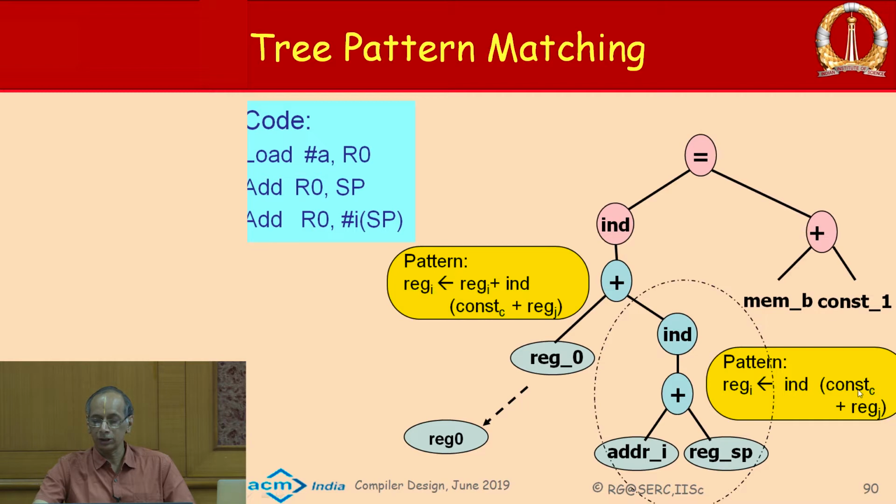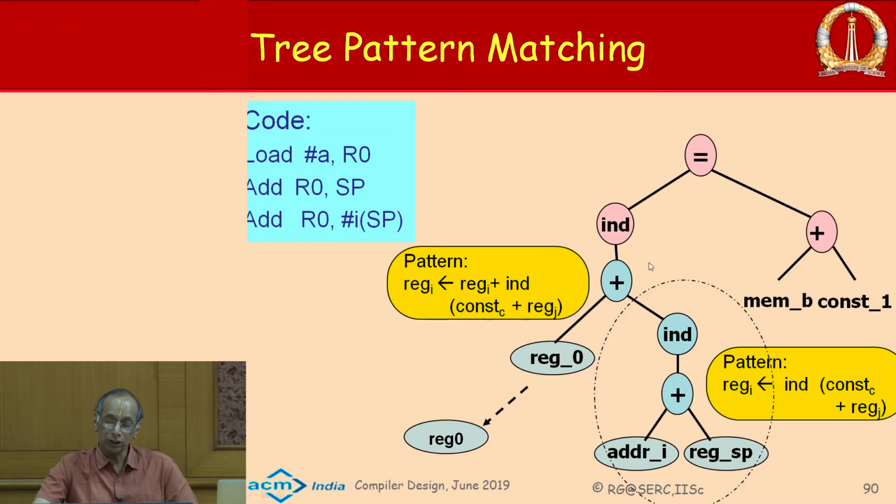So, that is essentially constant plus register j, and then that has to be indexed and that value going to a register. So, this subtree can be matched by this pattern, and you can generate code for this, and there is a cost involved for that.